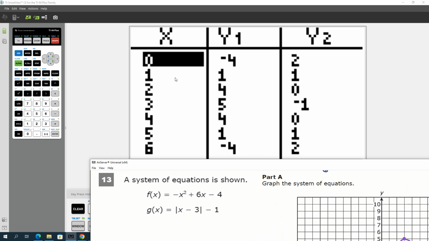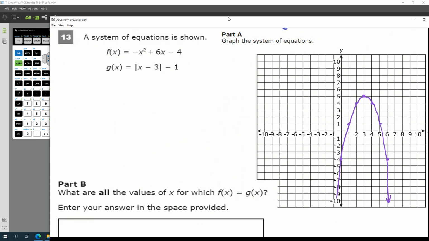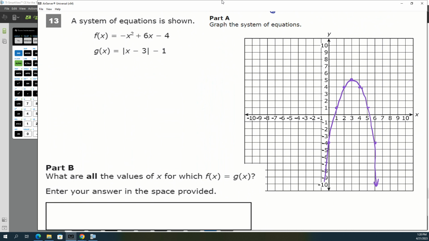And so we're going to graph the points 0, 2, 1, 1, 2, 0. Oops, I went down too low. Okay, so that's why it should look like a V graph.